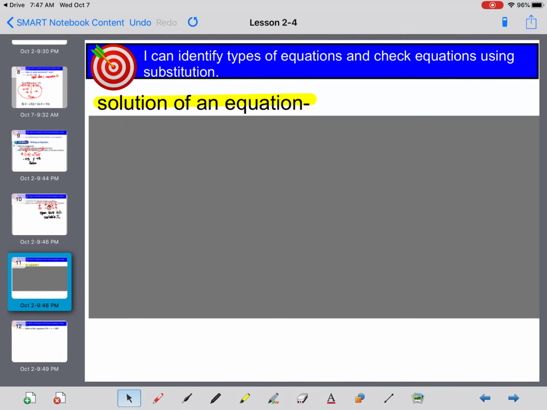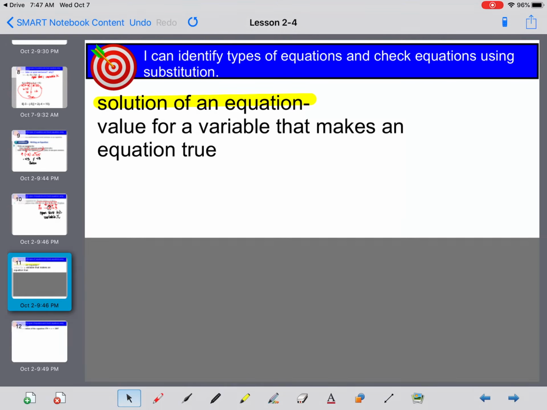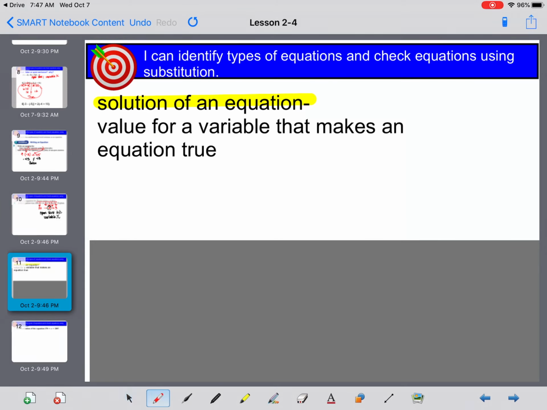All right, the solution of an equation, write this down in your notes. The solution of an equation is the value for a variable that makes the equation true. So let's do an example of that. Let's say that I used w plus 2 equals 5. What value for w makes this true?